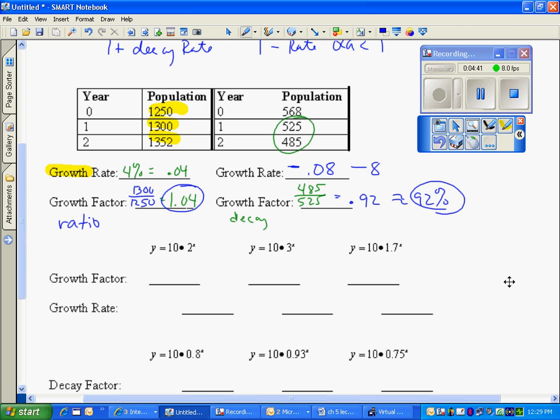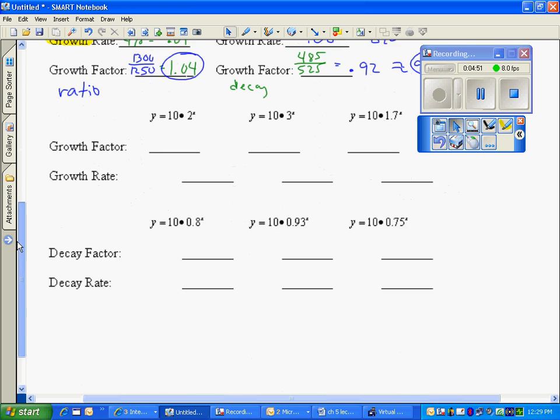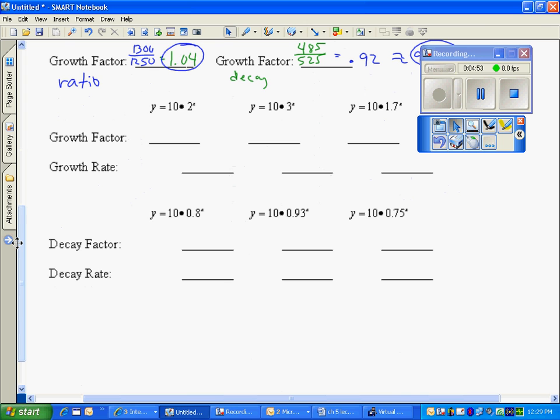So if you're just given a general situation here and you want to find the growth factor, the growth factor is my multiplier. So it's 2, which is 200%. So if I want my growth rate, what I need to do is there's a difference of 1, or 100%. So in this case, my growth rate is 100%.